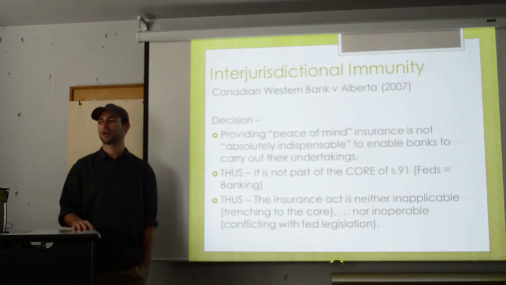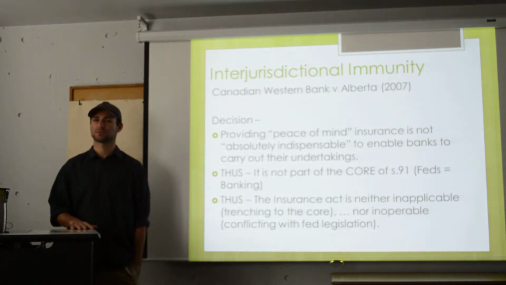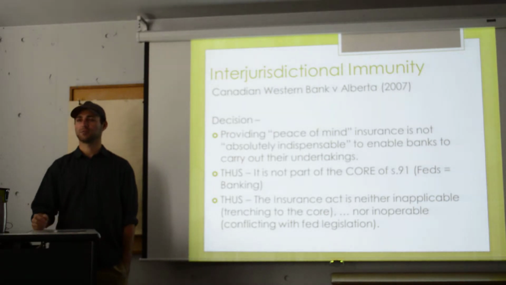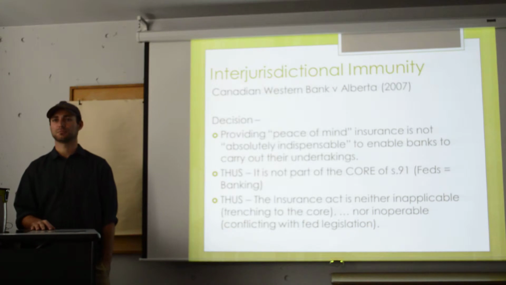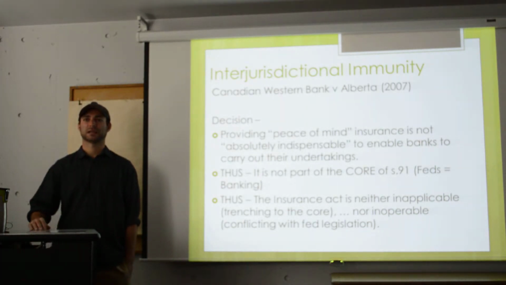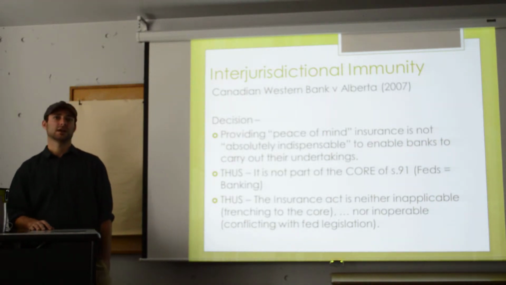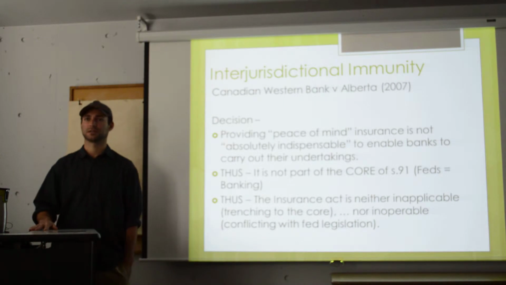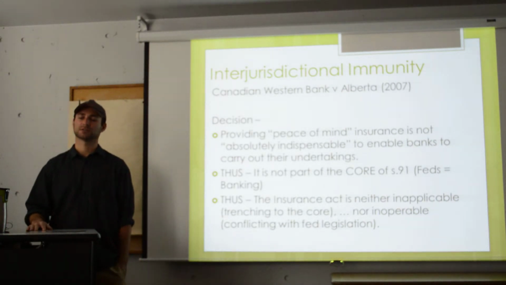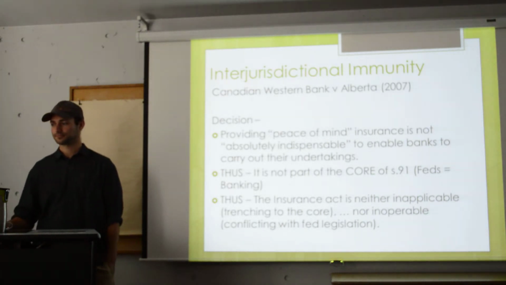So the example that we're provided with is Canadian Western Bank versus Alberta, and this was of course deciding whether Alberta's provincial legislation regulating insurance could be enforced on the banks because banking is within the federal jurisdiction, and it was decided that because selling insurance is not at the core of what a bank does, they're not immune from the provincial legislation.